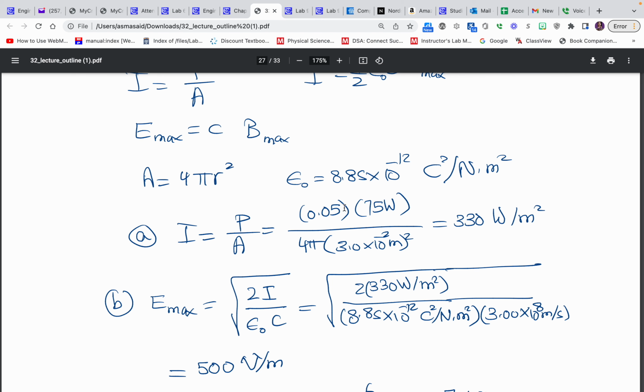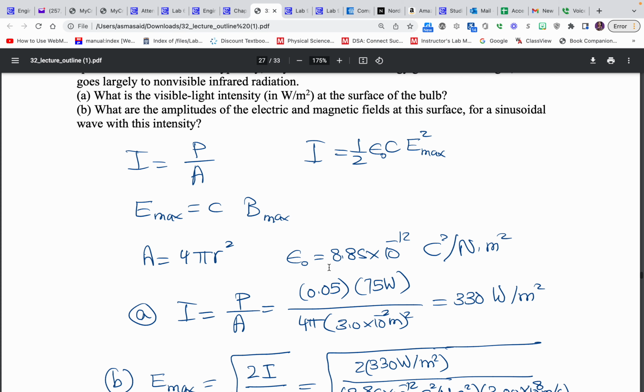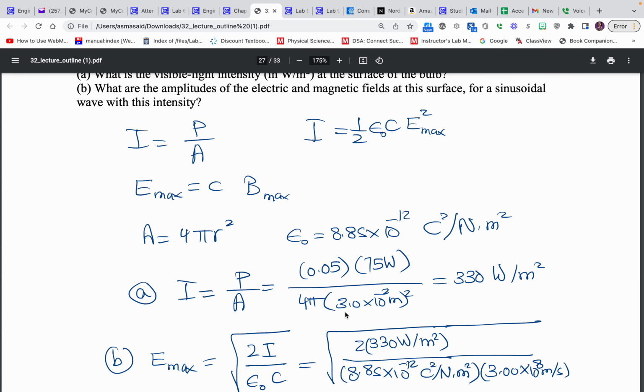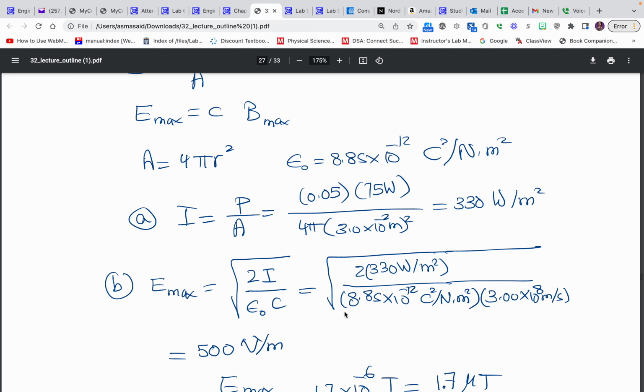This is the power, because it is 5% efficient, then it is 0.05 times 75 watts divided by the surface area, which is 4 pi times the radius squared, and that is 330 watts per square meter.